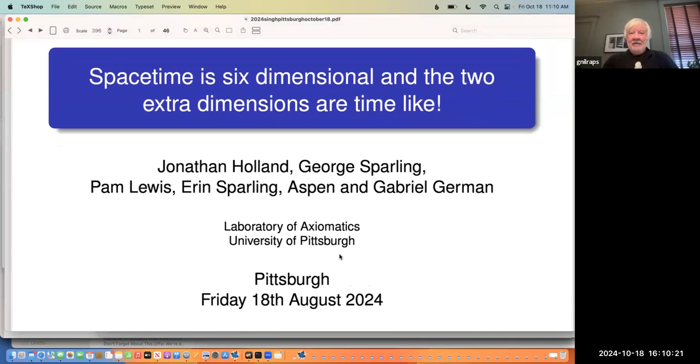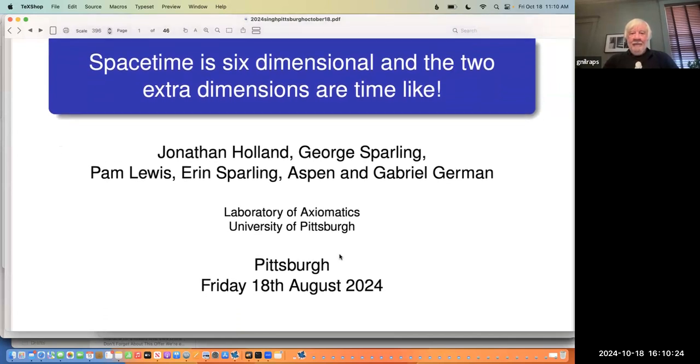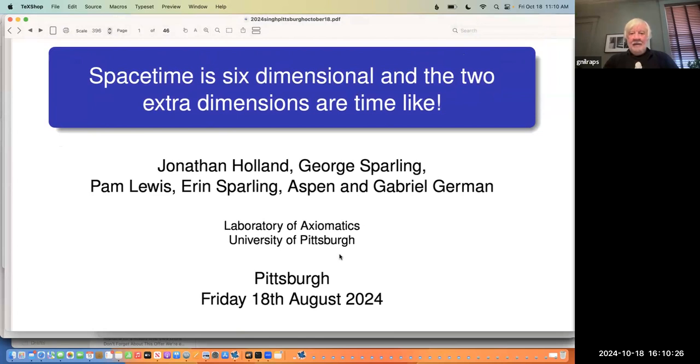Extra dimensions are time-like. What this is about is basically the idea of octonions and things related to octonions, which I know people here are very interested in. But the six-dimensionality comes from the idea that the correct octonions that one wants are actually split octonions, whose symmetry group is 4-4.